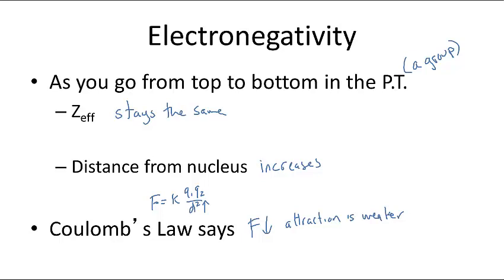Another way we could say that is francium, Fr, is weaker than cesium, is weaker than rubidium, is weaker than potassium, etc. Potassium can hold on to its valence electrons more strongly than francium can, because the valence electrons in francium are further away.